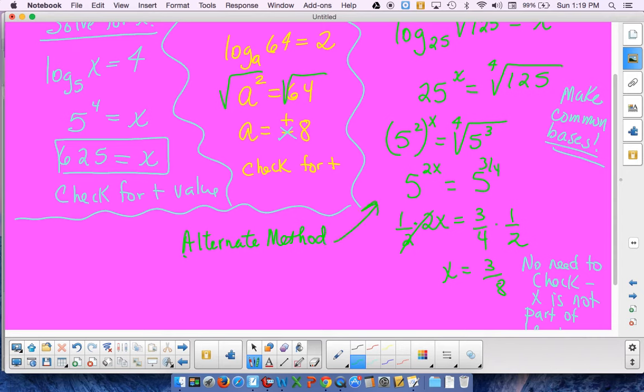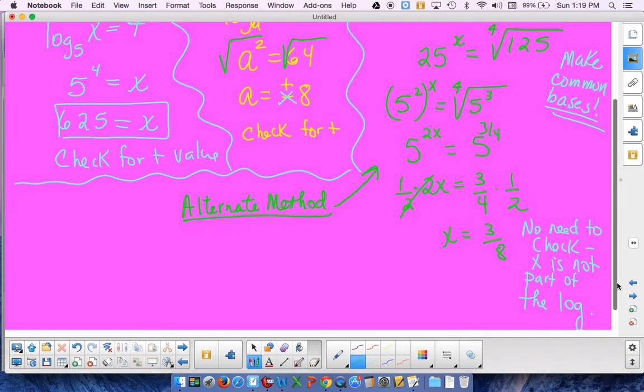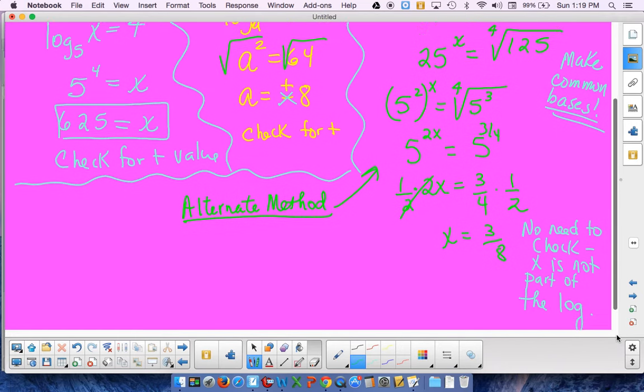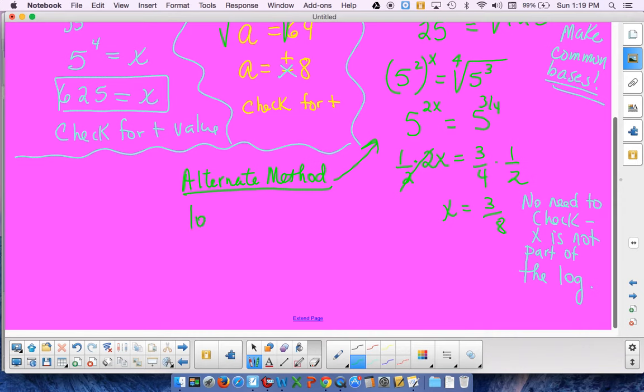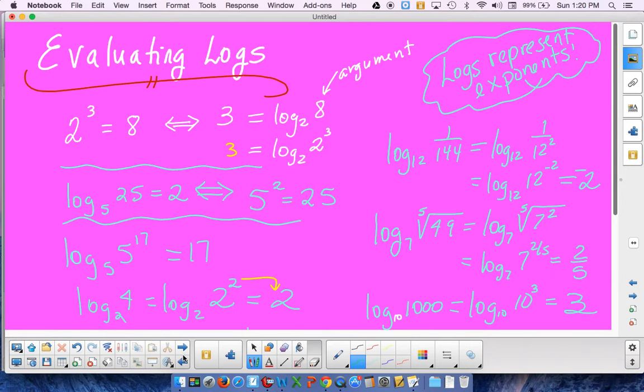If you really are bugged by exponential form, and I'm not sure you'll find this one any better, but if I take that original problem, log base 25 of the fourth root of 125 equals x. The other stunt you can pull is what we were pulling back here on the page before. These last ones I said that looked a little strange.